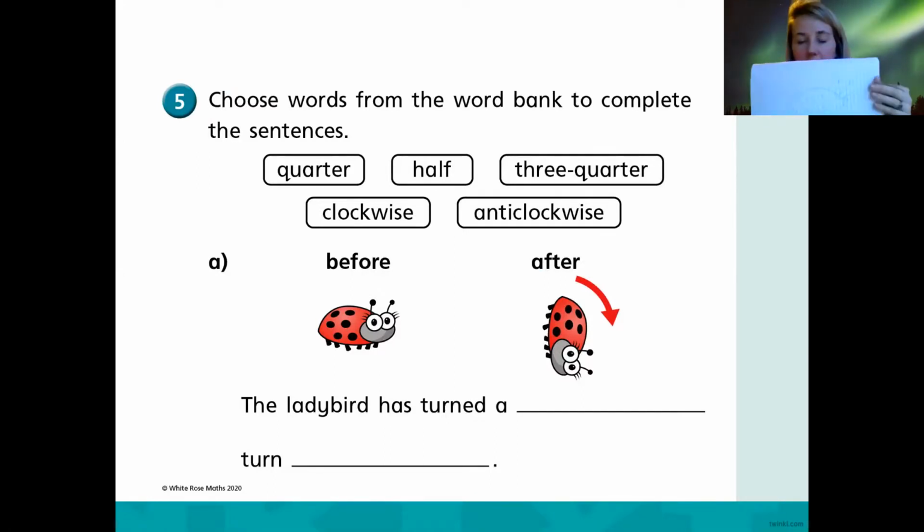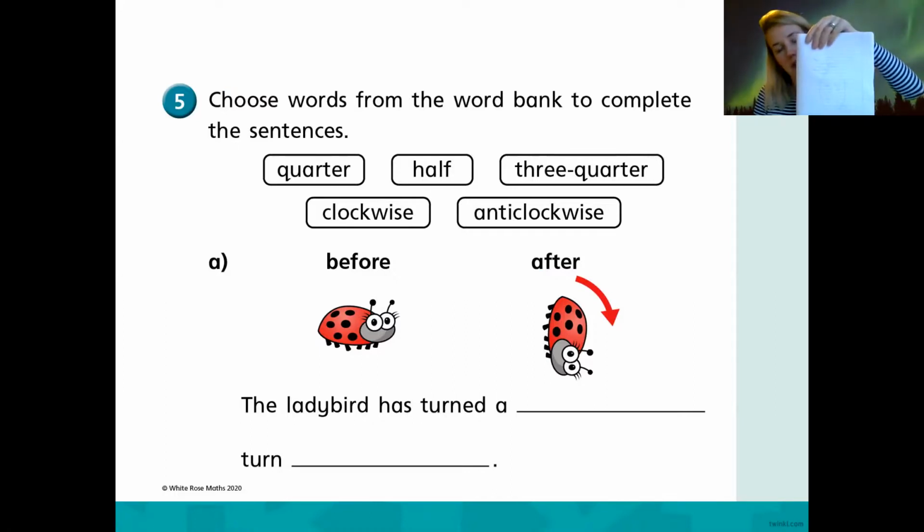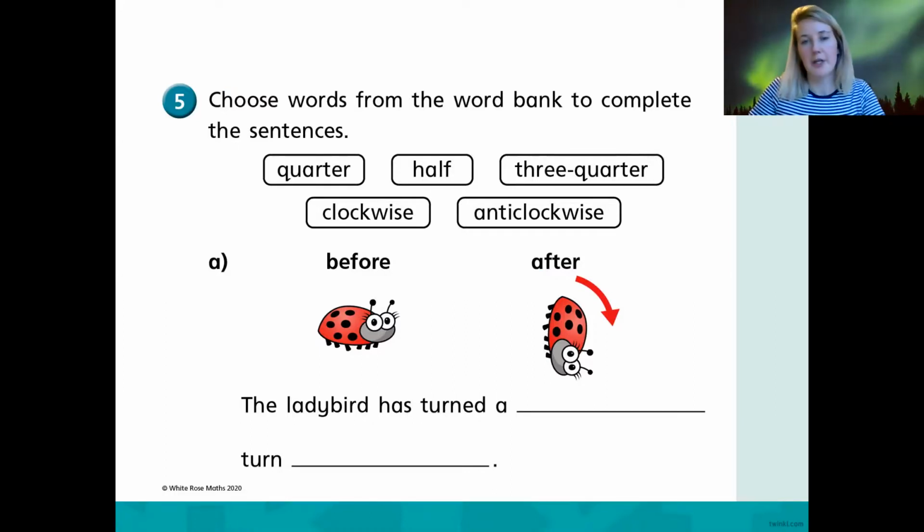So before she looked like this, and afterwards she looked like this with her legs up. She's only got a little red arrow here. The ladybird has turned a quarter. Look at the tiny arrow, quarter, and she's turned a quarter clockwise because it's in the direction that a clock would go.